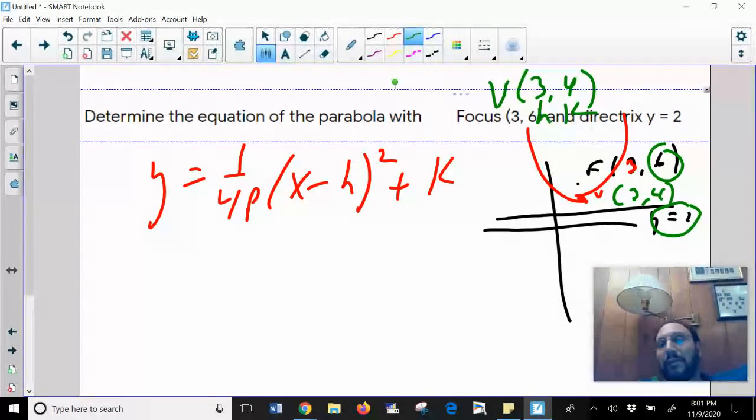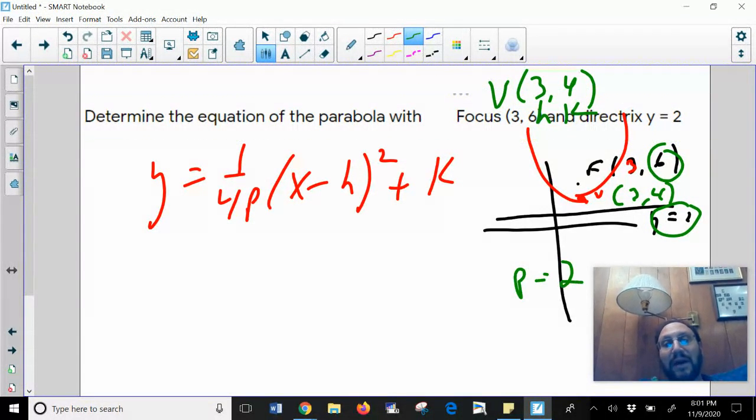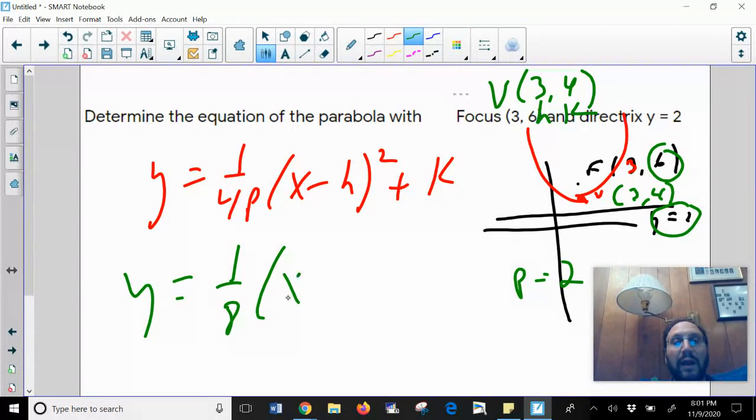How far is it from the vertex to the focus? Well, 3, 4 to 3, 6 is 2 units because from 6 to 4 is 2, and it's positive because it's going up. Therefore, my equation is 1 over 4 times 2, times x minus h, where h is 3, quantity squared, plus k, which is 4. Done. That's the second one.